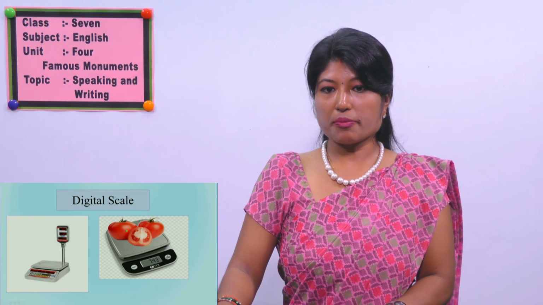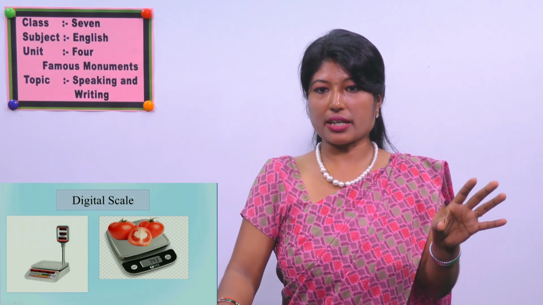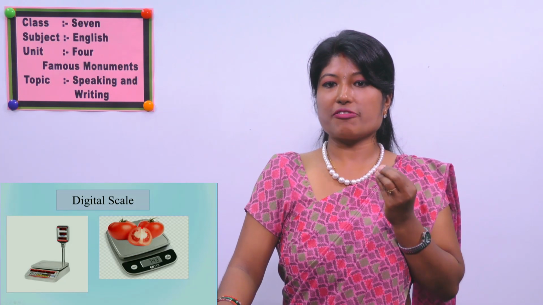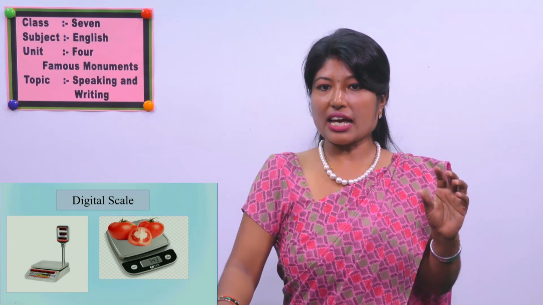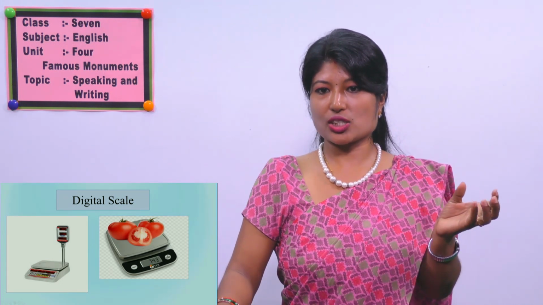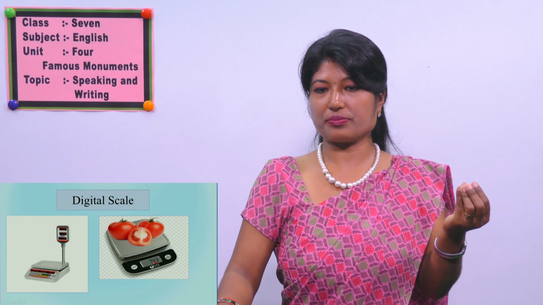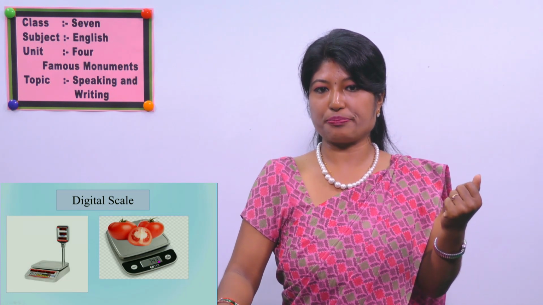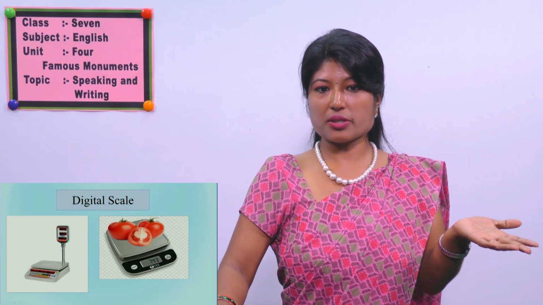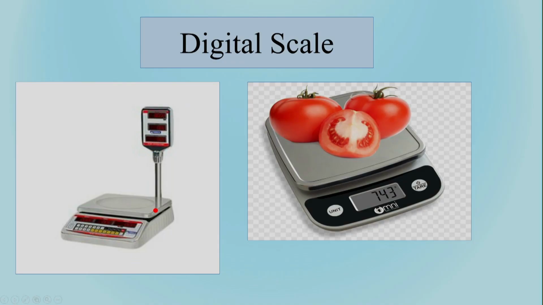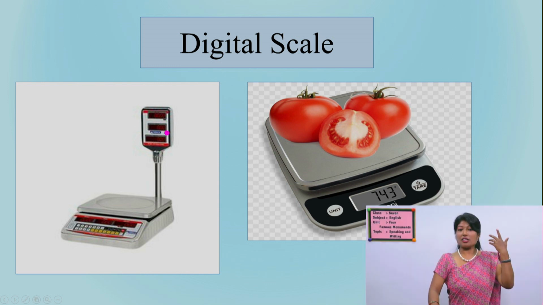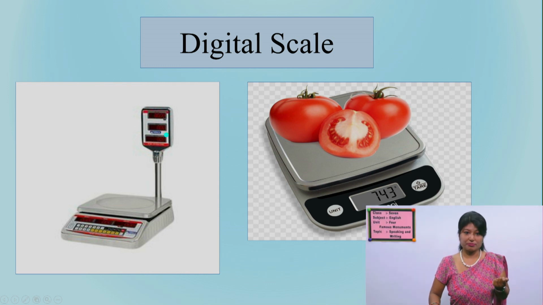We keep it on the plate, there's a plate, right? On this plate, we keep vegetables like this. As you can see, tomatoes over here, right? And how much does it weigh? It is displayed over here. Its weight is shown over here. And in some weighing machines, we have two displays, over here and here as well. So with two displays, we can see the weight of vegetables. And in some digital weighing machines, what can we see as well?